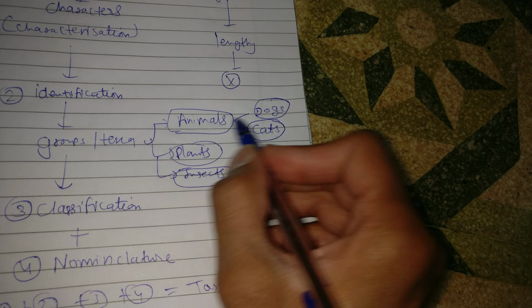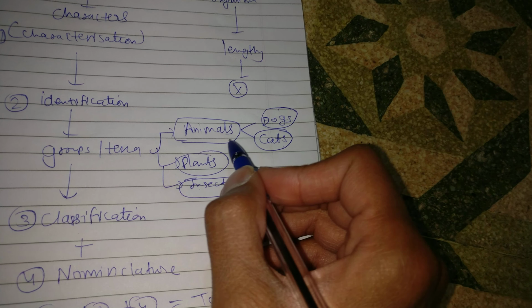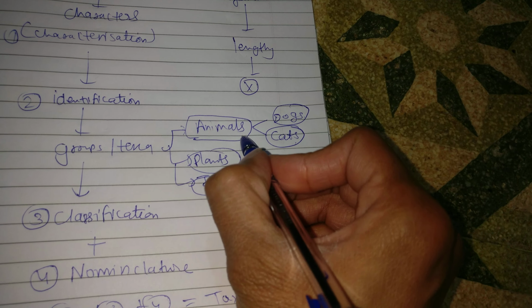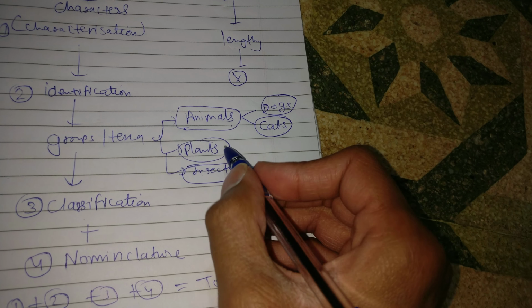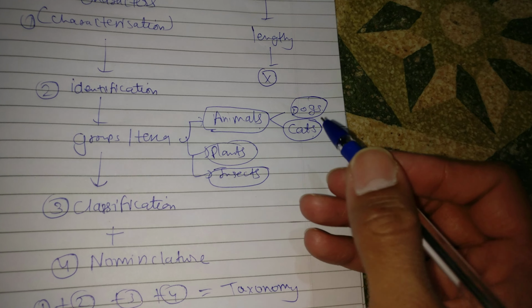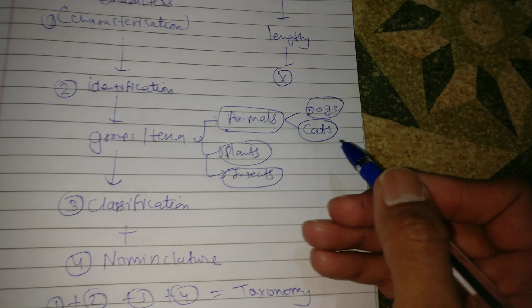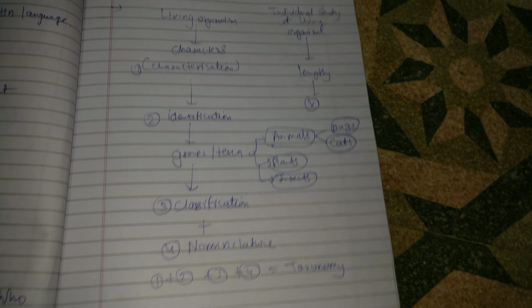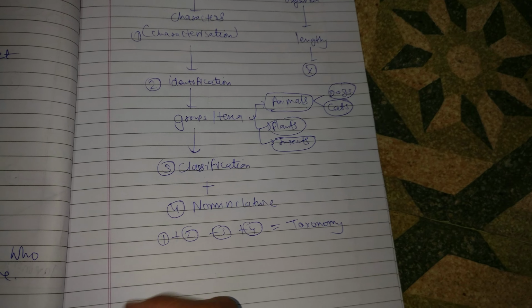Both come into the animals group, and this group of animals is also termed a taxa. So taxa represents the groups and subgroups at different levels. So this is all about nomenclature, classification and taxonomy.